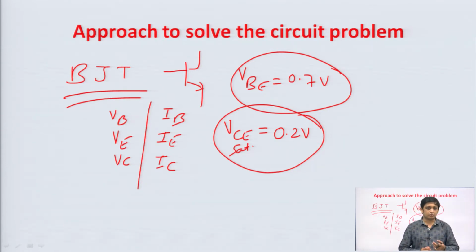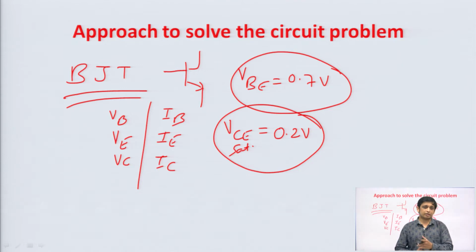calculate different node voltages, branch currents, and after doing all the calculation, then just check whether our assumption was right or not. For example, if the BJT is in active region, it means that your emitter base junction should be forward biased and the collector base junction should be reverse biased.